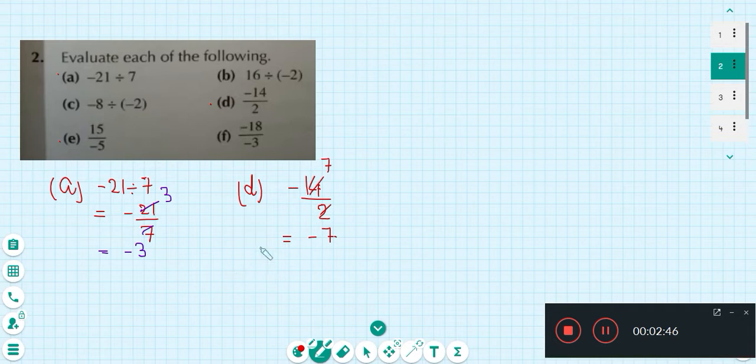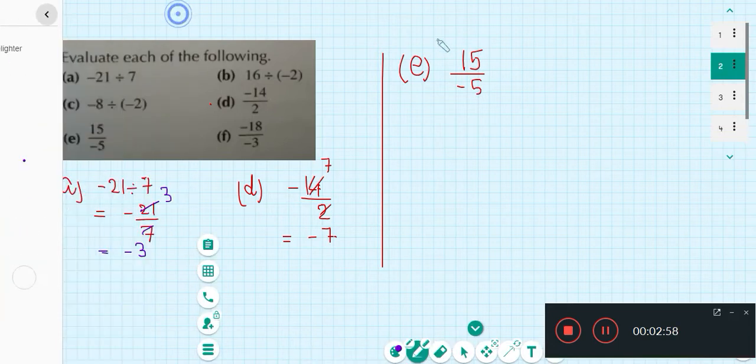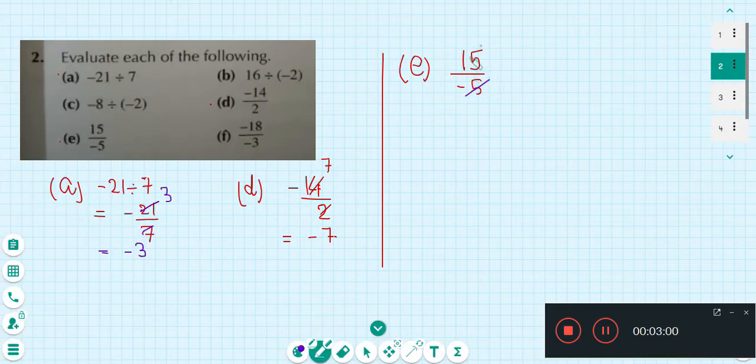Similarly in part E we have 15 over -5. Okay, so cancellation, 5 1s are 5 and 5 3s are 15. So we have 3 over, in the denominator we have -1.